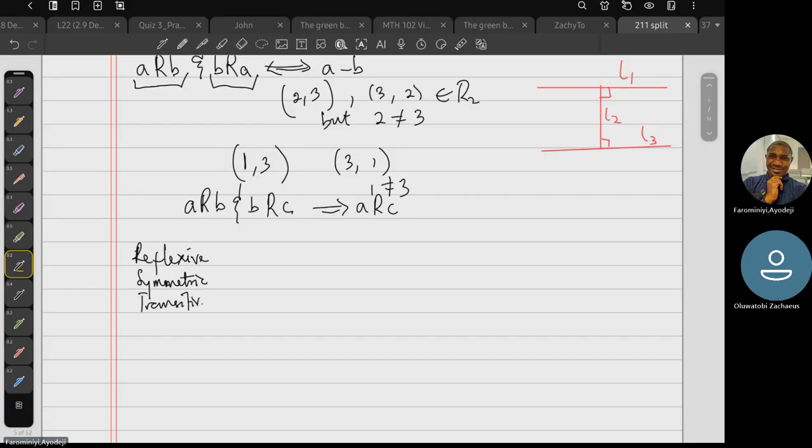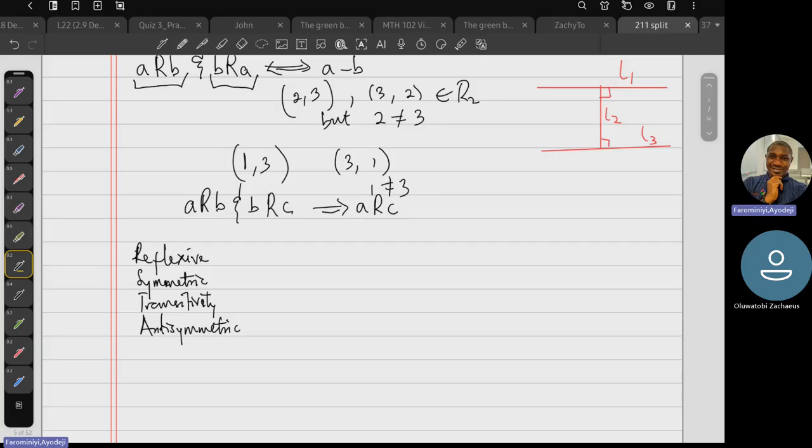Transitivity, antisymmetric. So there are a lot of examples, the ones that I even sent to you. Some, I think, I would submit tonight.